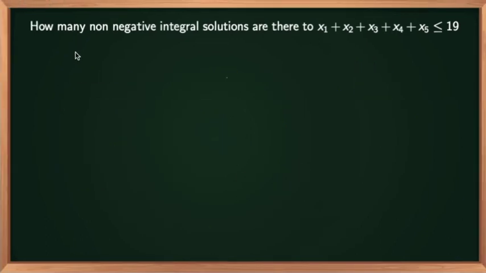Suppose this question was framed in a different way, that is, instead of less than or equal to 19, I had the question given as h1 plus h2 plus h3 plus h4 plus h5 is less than 20. Then I can put it in a different way.